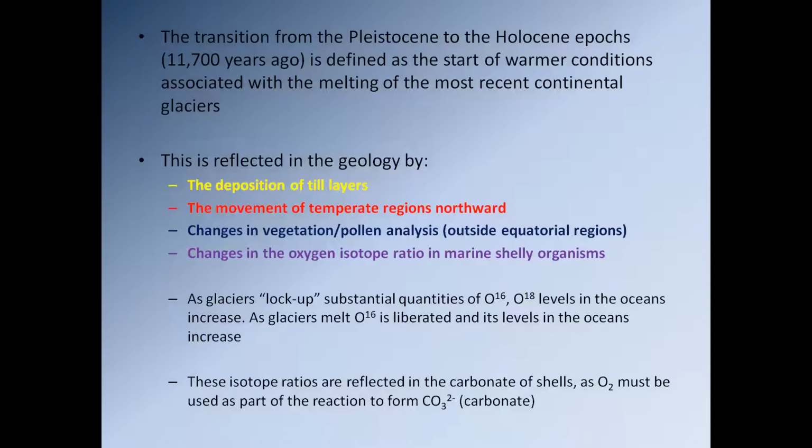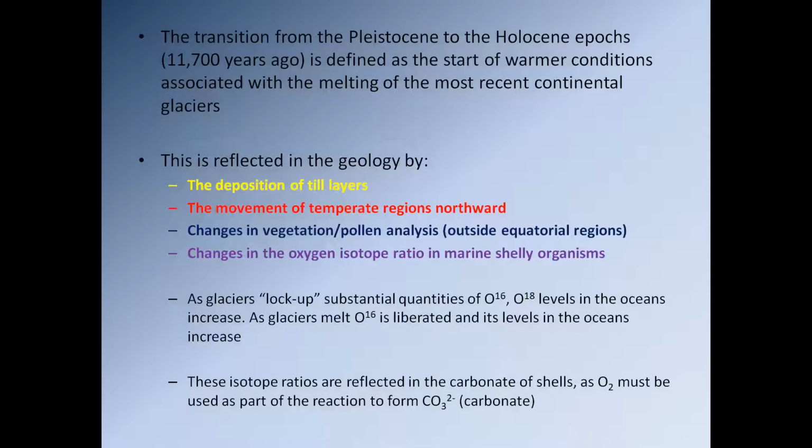And this is reflected in the amount of oxygen-16 that we see within the calcium carbonate of shelly organisms like oysters. And so we can measure this. And so what we see is around 12,000 years ago, we begin to see the amount of oxygen-16 increasing.